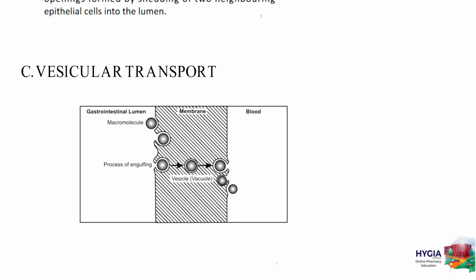The drug is transported through the vesicle, and the vesicle will open and release the drug in the blood circulation, right? This process is known as endocytosis, and it is of two types based on the state of the drug. If the drug is liquid in state, the endocytosis is known as pinocytosis, and if the drug is solid in state, it is known as phagocytosis, right?